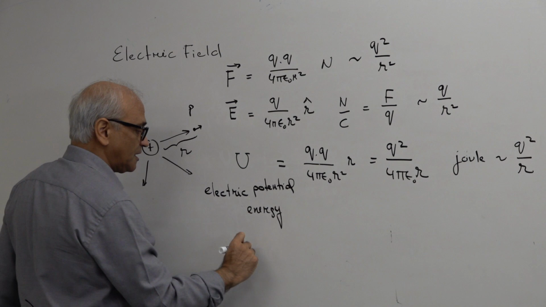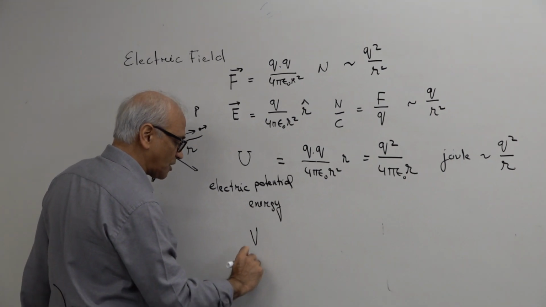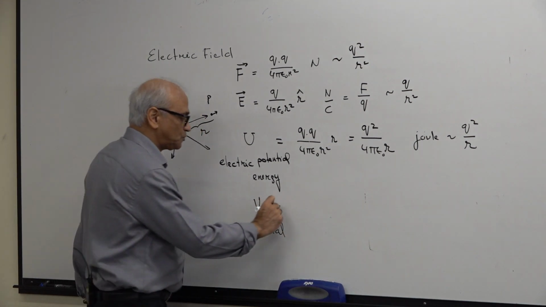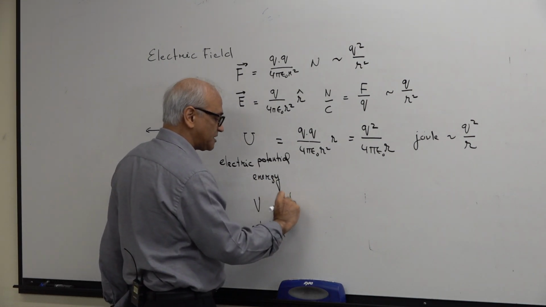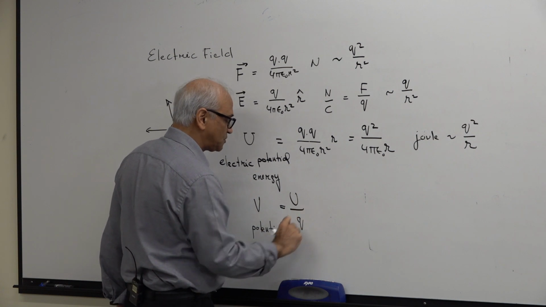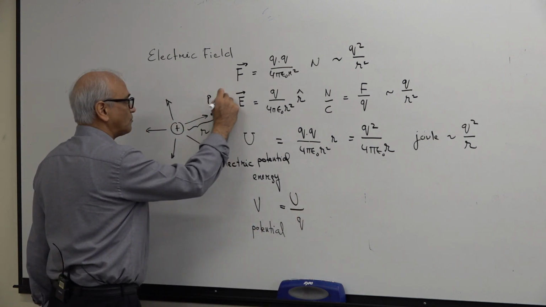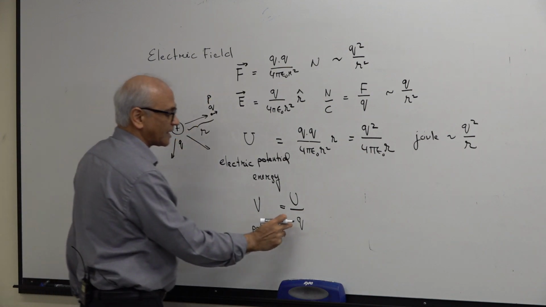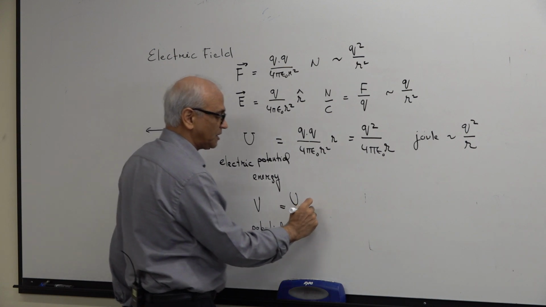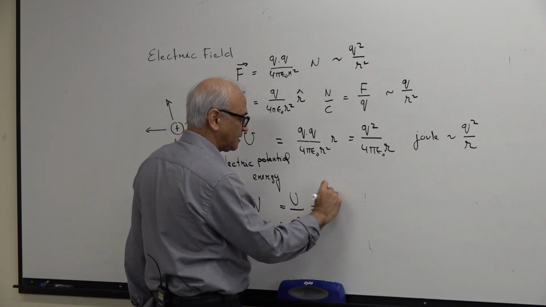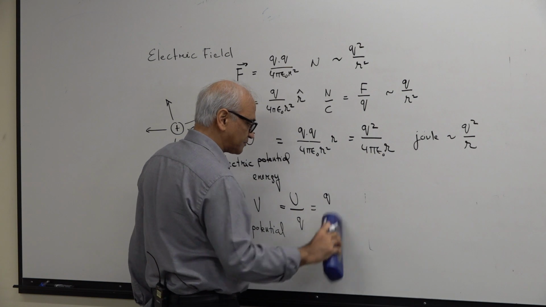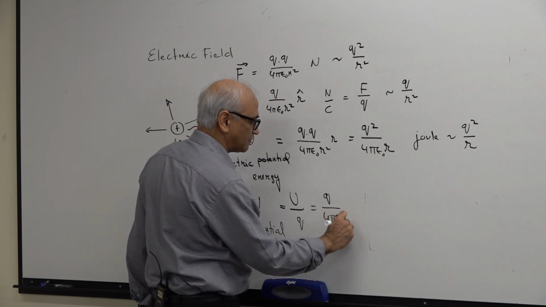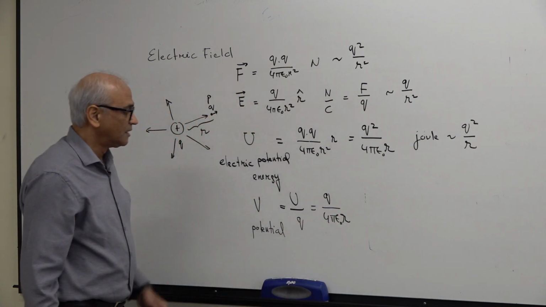Now the last thing that I want to talk about is potential. See that electric potential energy U? I divide it by the Q charge that I brought from wherever to this point, and what I get here is simply Q over 4 pi epsilon naught R. That's an R, by the way.